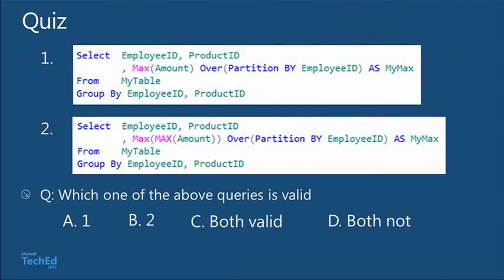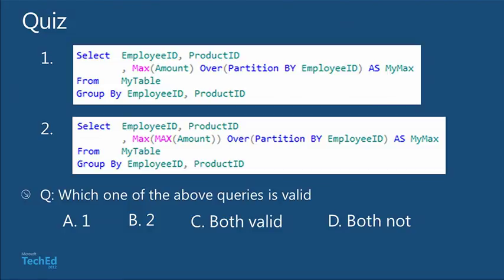Okay, I have another question to ask. So I have two queries here. The top one is MAX amount OVER, with GROUP BY employee ID, product ID. The second one is MAX amount OVER PARTITION BY, with GROUP BY employee ID.